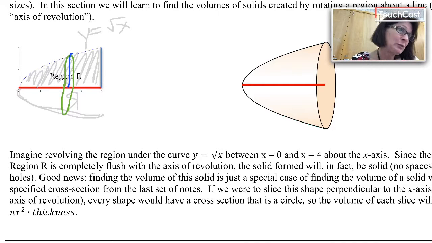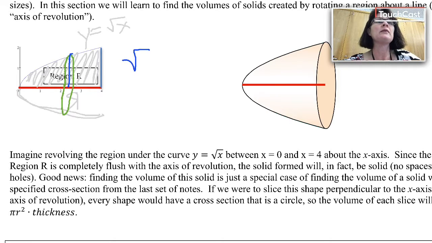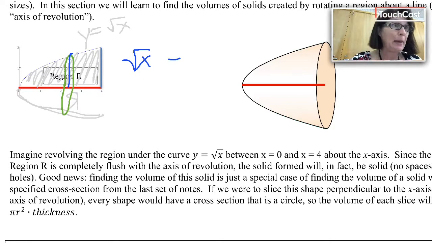So top minus bottom, essentially, and notice what function I bumped into on the top was square root of x. What function did I bump into below? Well, that was my axis of revolution, which is the x-axis. Remember, the equation for the x-axis is y equals 0. So that's an expression for the length of that radius.